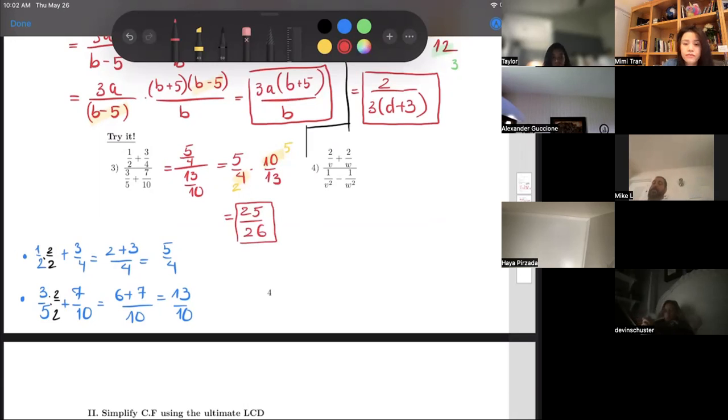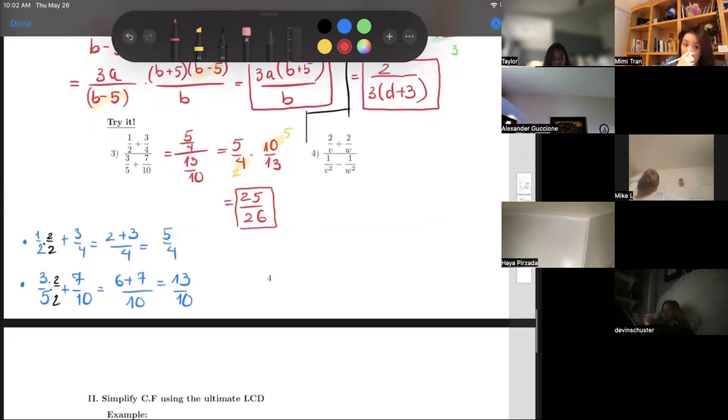Why did you multiply each fraction by 2 in both of them? Oh, because I need to add them together. I need to add 1/2 plus 3/4, and in order to add them I have to have the common denominator, right? Oh, yeah, I forgot about that. Okay, thank you. You're welcome.